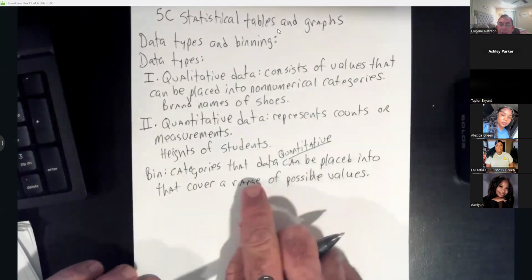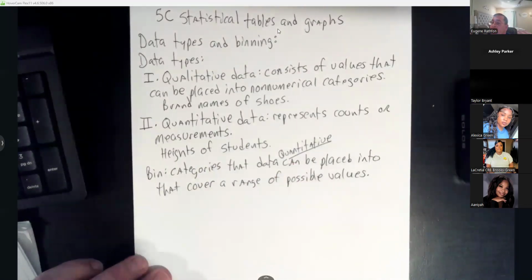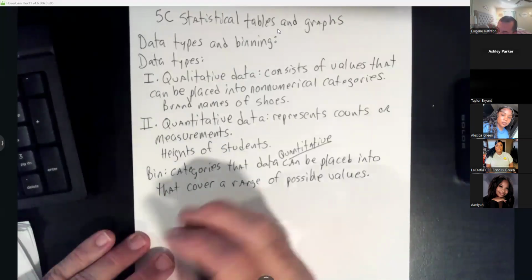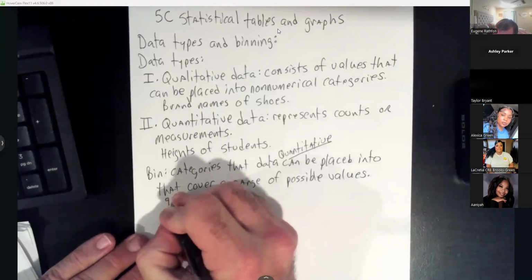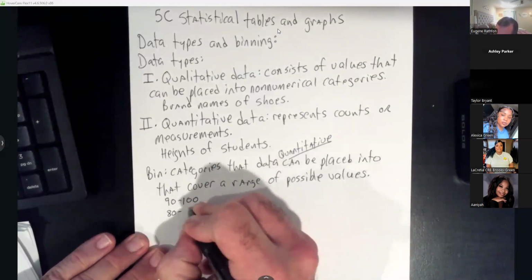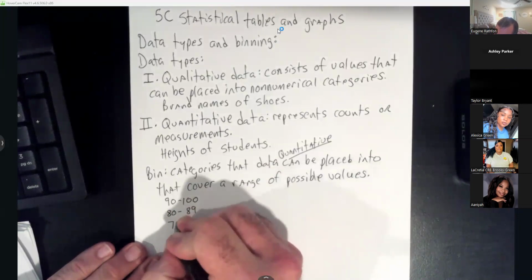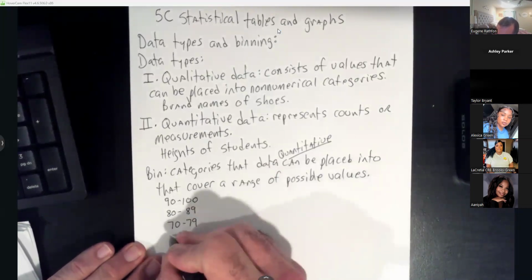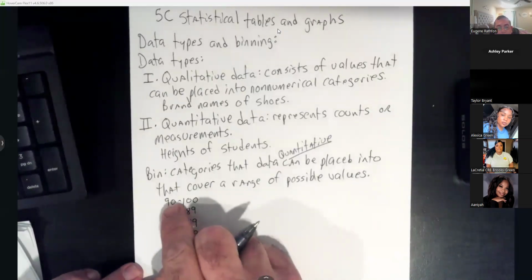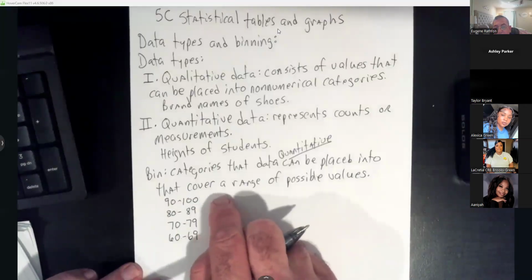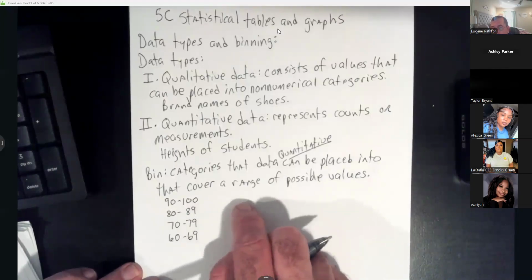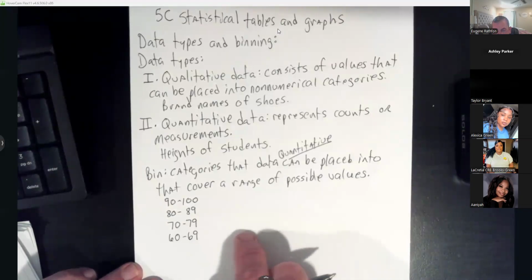So, an example would be like test scores on a test. If I was looking at test scores, I would maybe make my bin something like this: 90 to 100. I might go 80 to 89, 70 to 79, 60 to 69, and so forth, so that 90 to 100 would cover all my A scores. 80 to 89 would pretty much cover all my B scores, and so forth, okay?